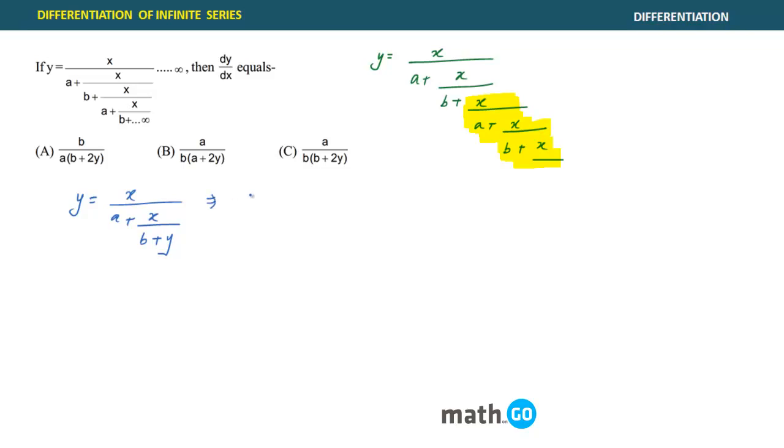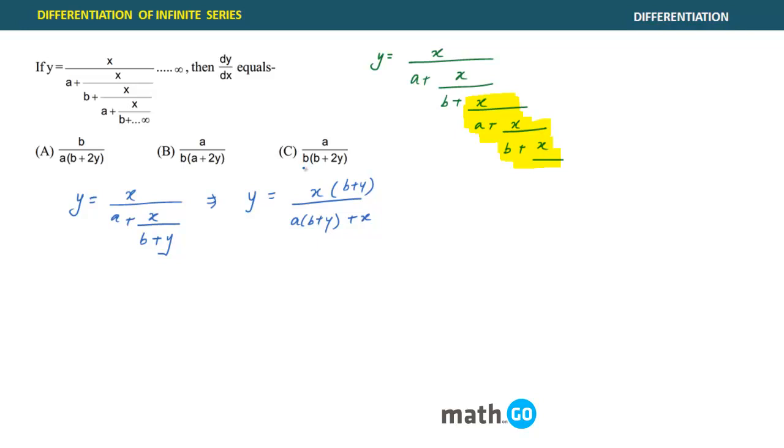So now if we just solve this, what you will get is something of this sort: a into b plus y plus x into b plus y. This is what you will obtain. Okay, and if we need to solve this completely, this is again a very simple problem. You just calculate it completely.